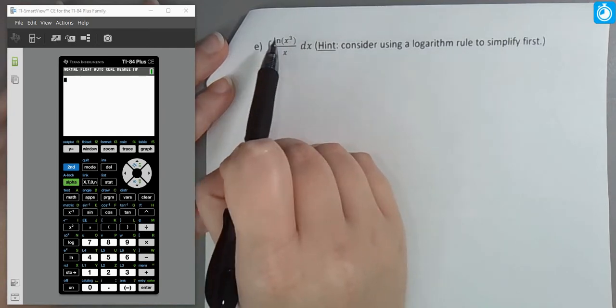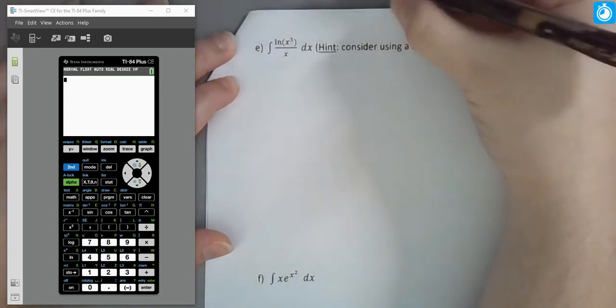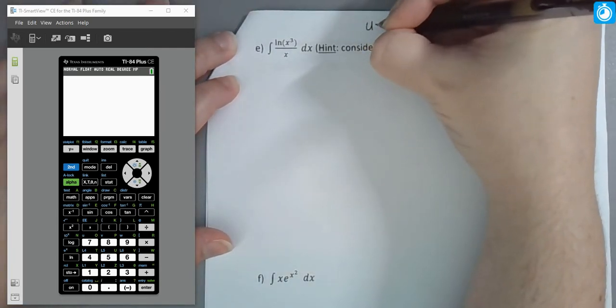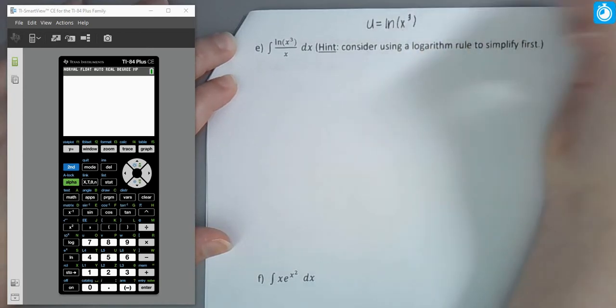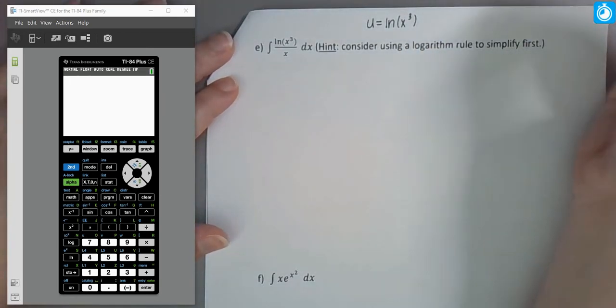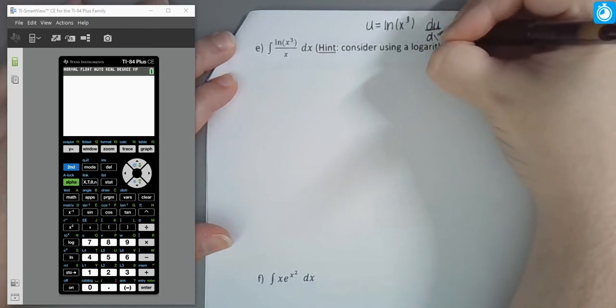Well, what if we were to substitute for the whole logarithm like we did before? Suppose we were. I'm going to write it up here, and let's see what would happen if we tried to do that. So suppose we allowed u to be the whole natural log of x cubed. What happens if we take the derivative with respect to x?